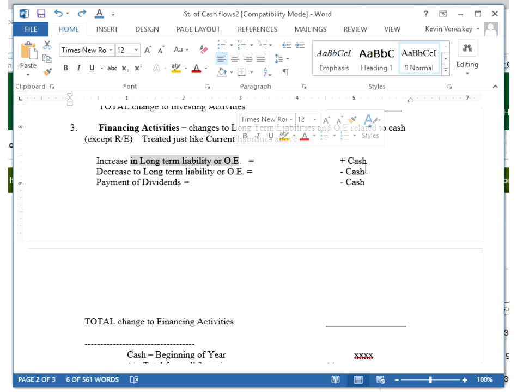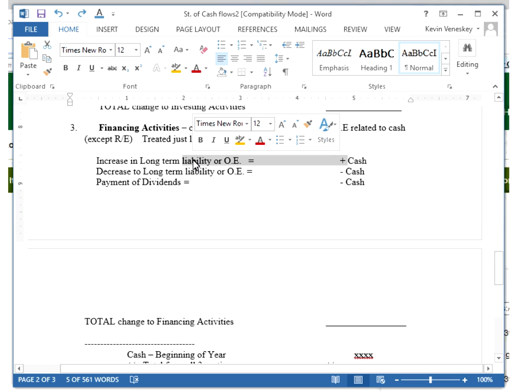And if I had a little note down at the bottom that says all the stock was sold for cash, well, my journal entry would have been: debit cash for 15, and then credit my two stock accounts. Neither of those stock accounts affect net income, but the transaction did involve cash, so that's why it would go on the statement of cash flows. The net income doesn't know that I got an extra $15,000, but I did, and therefore I need to show that I got the money. I need to add that in as an adjustment to my net income figure.